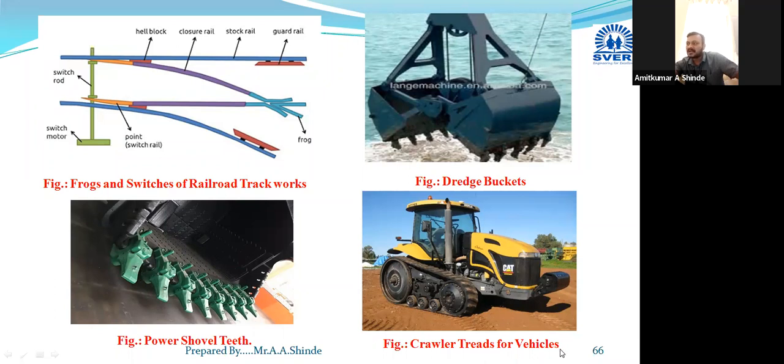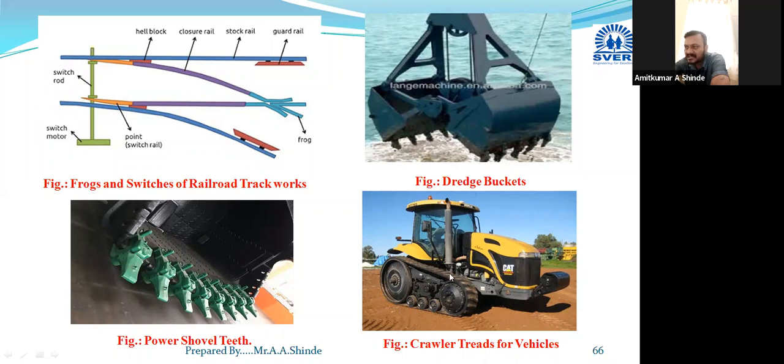Then crawler treads for vehicles. If you have seen a poclain, it has this crawler tread. These are dredge buckets, these are power shovel teeth, and this is the crawler tread. Like a treadmill you have seen, for this vehicle this is the crawler tread.